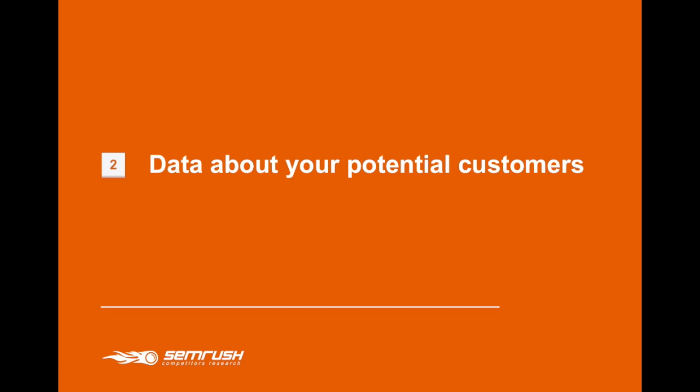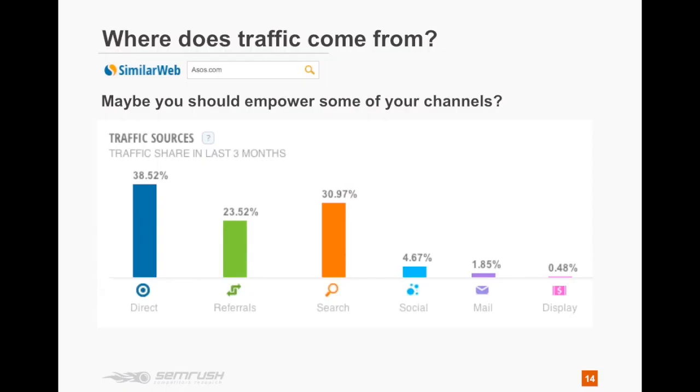Let's try to figure out the answers to these questions with the help of the SimilarWeb tool. On this slide you can see ASOS competitors' traffic sources, which can be generated with only one click in the SimilarWeb tool.